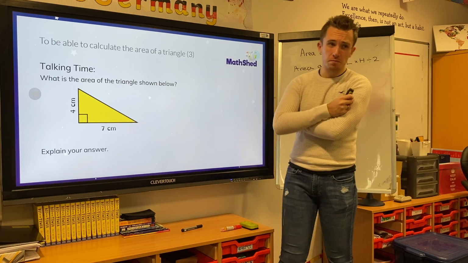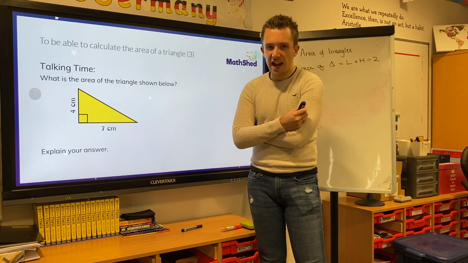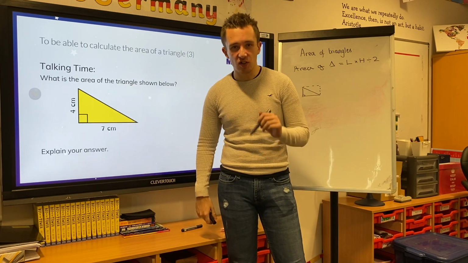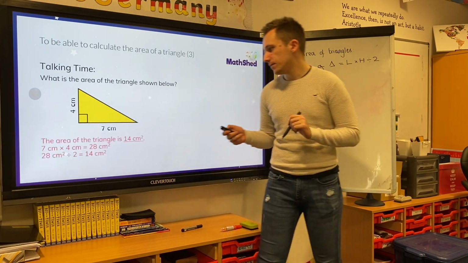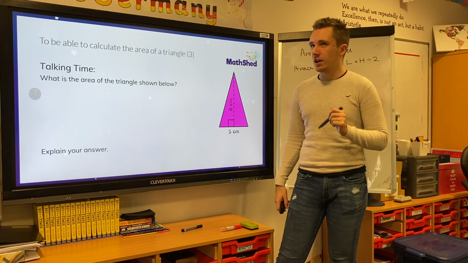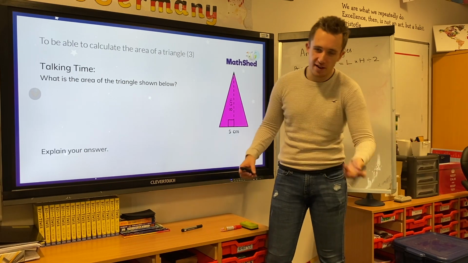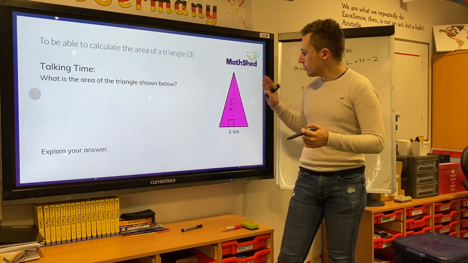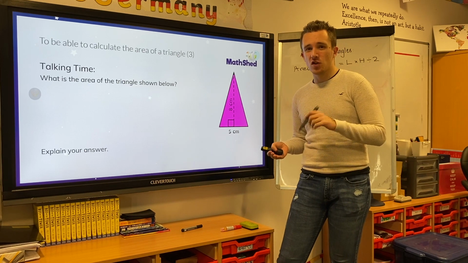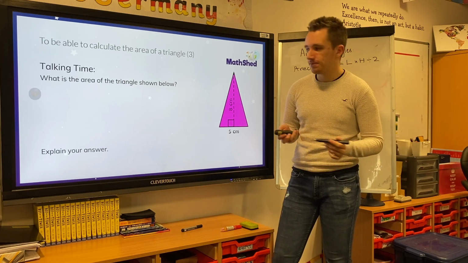What am I going to do with this one? Exactly the same thing. 4 times 7, 28. Halve it, 14. This one here, what am I going to do? It's pink, therefore it's different. No. 5 times 8, which is 40, divided by 2 is 20.